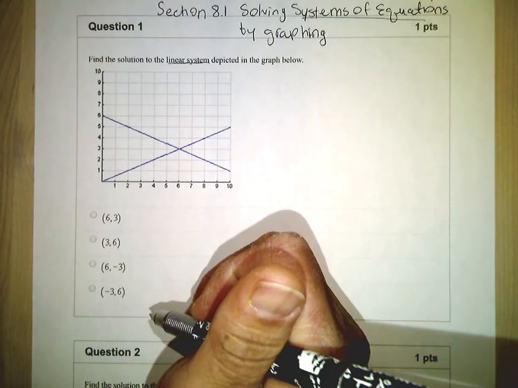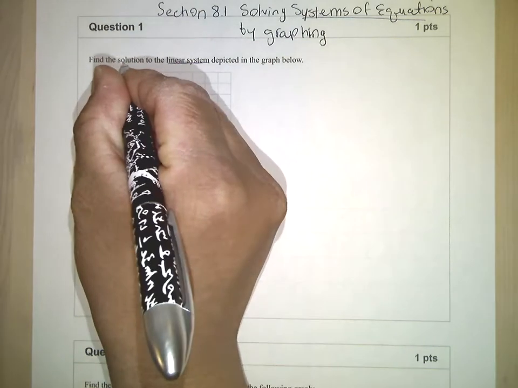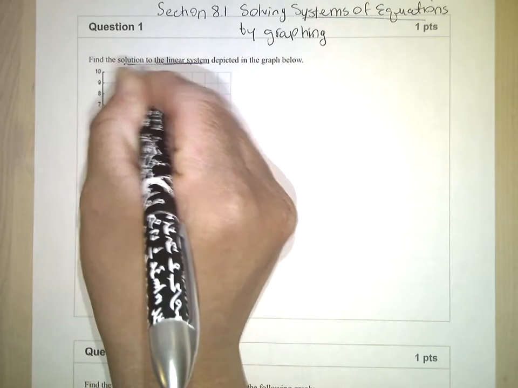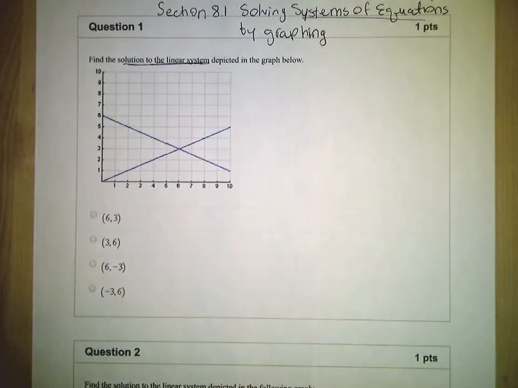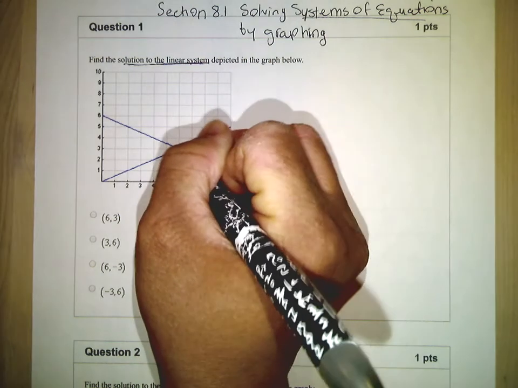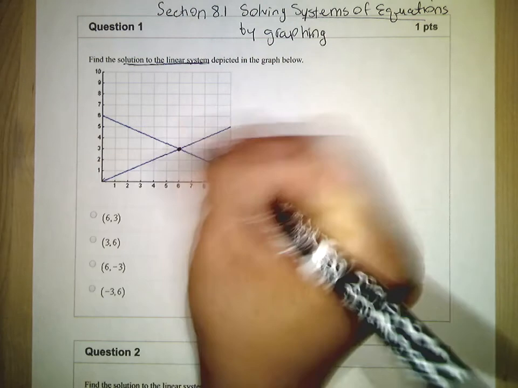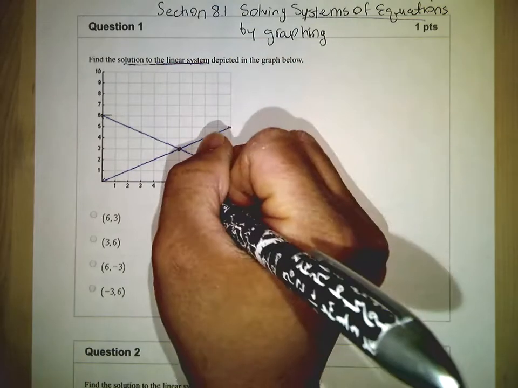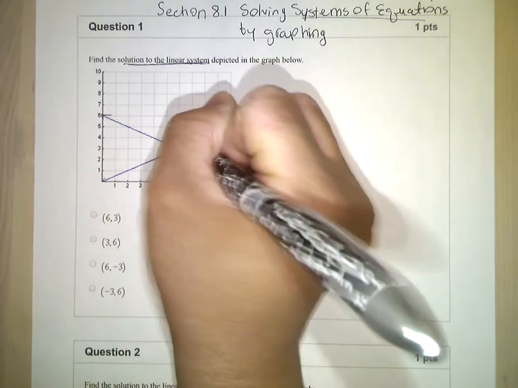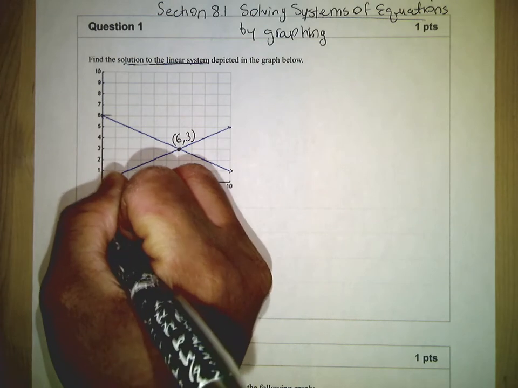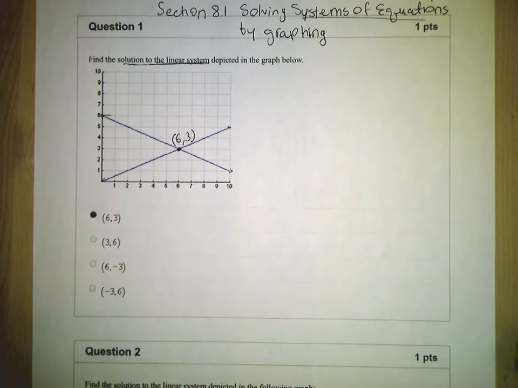The solution to a linear system of equations will be the point where these intersect, and you can see the point where these two lines intersect is actually (6, 3). So that is the solution. (6, 3) is the solution to this linear system of equations.